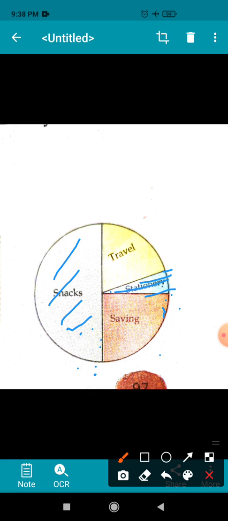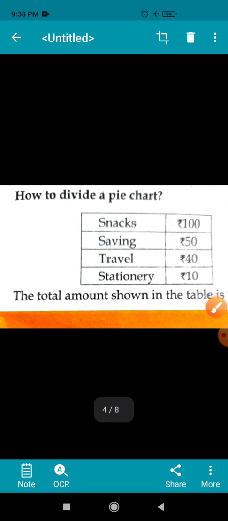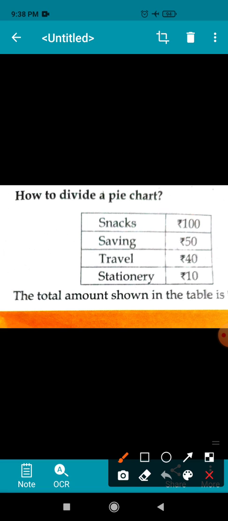Children, now let us understand how we can divide a circle into different sectors. Children, here you can see data is given in tabular form, and this data shows the expenditure of money for the different purposes.